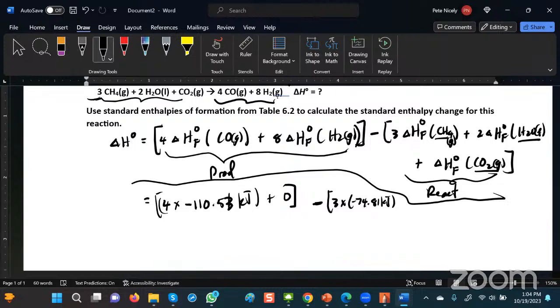Okay, and then now I'm going to add to that 2 times the enthalpy of formation of water. So can you tell me what that value is? H2O liquid, by the way, not gas.